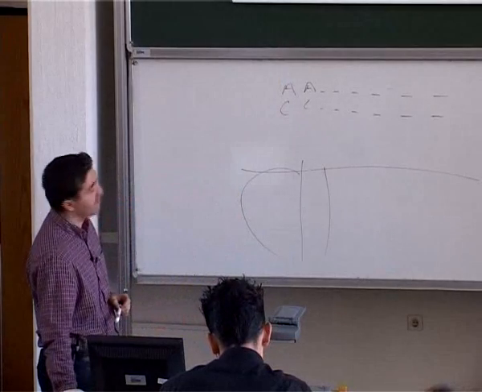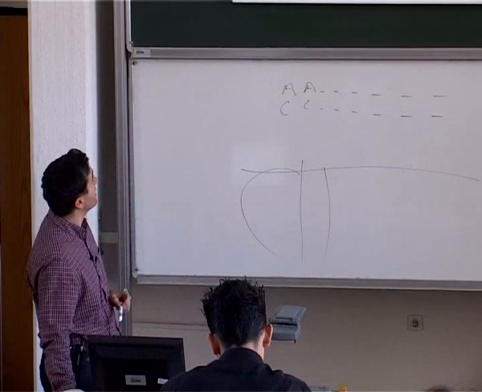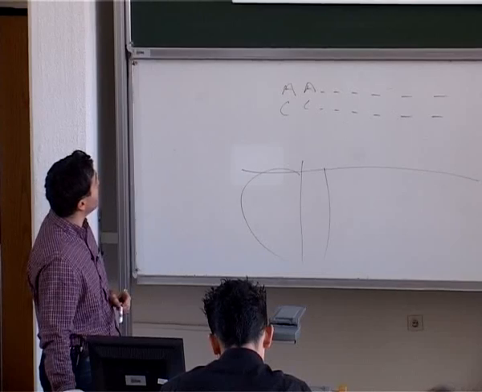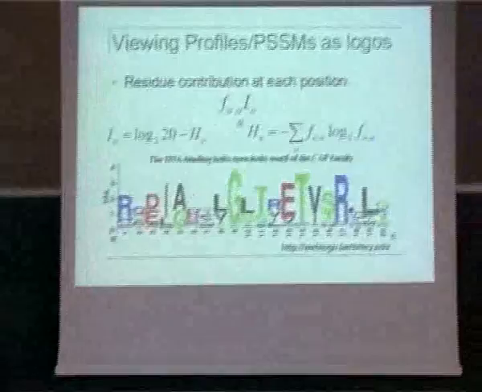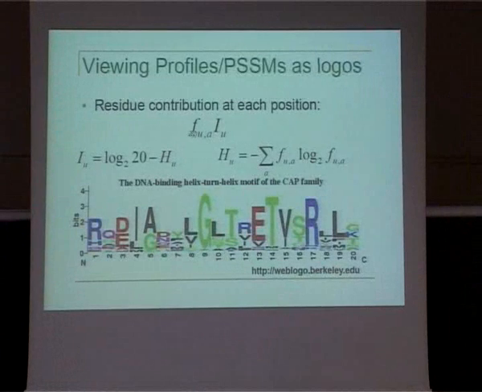So based on the negative entropy, they introduced this weight I. They multiply the frequencies, so the residue contribution at each position is multiplied with this I, which is the information content of that column.